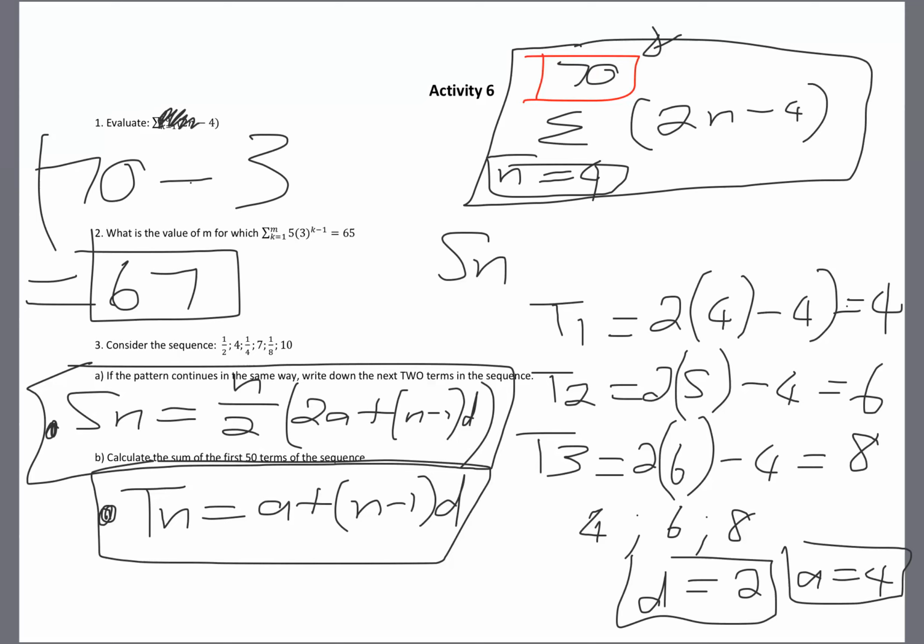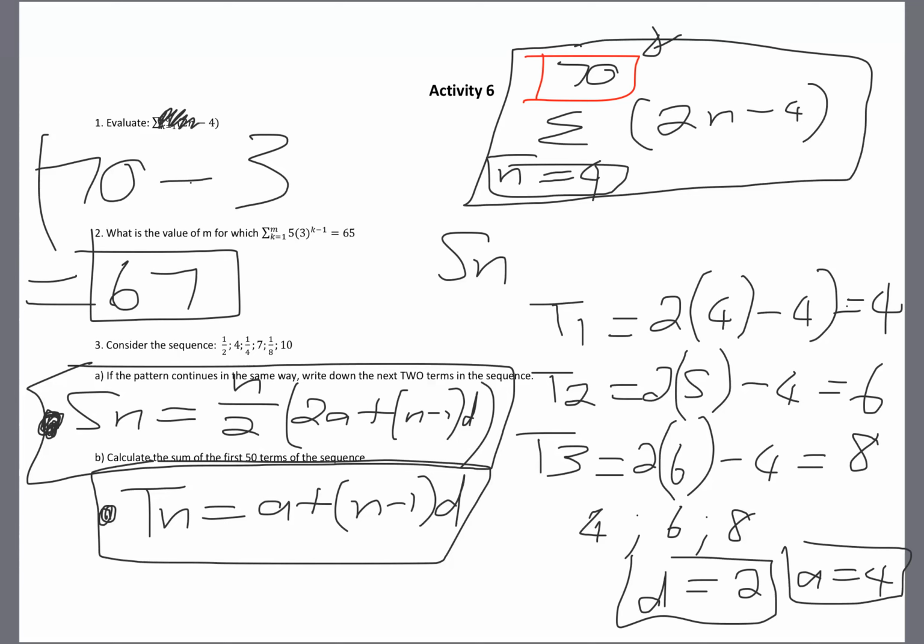Are you with me? Yes, ma'am. Remember I said that whenever you see this sigma sign, we are looking for the sum, the Sn, right? Yes, ma'am.